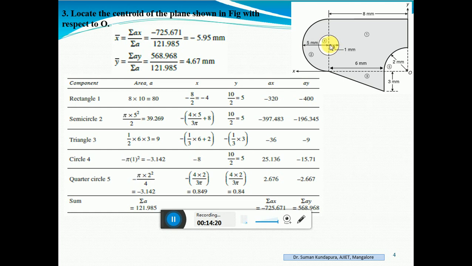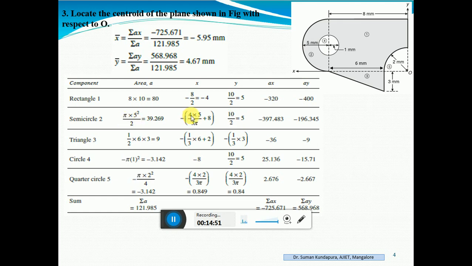8 mm plus, up to this point of the semicircle, CG will be at a distance of 4r by 3 pi. So it is 8 plus 4r by 3 pi. It is in the negative x direction, so it is minus. What about the y distance? Y distance with respect to x axis is at 5, that is, the whole is 10, the semicircle diameter, divided by 2, which is equal to 5.